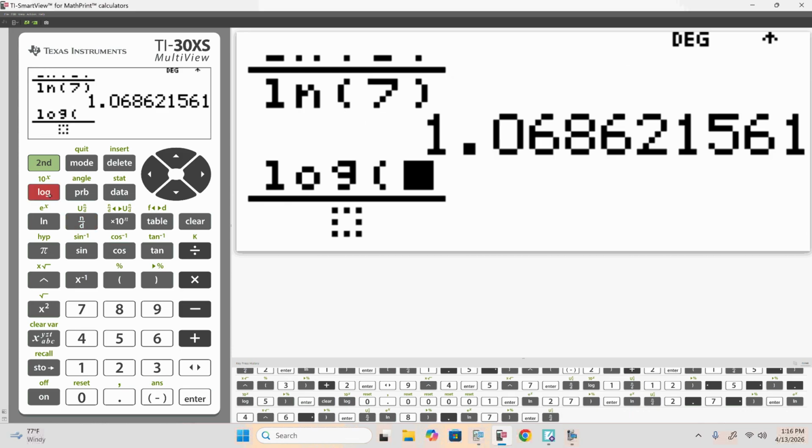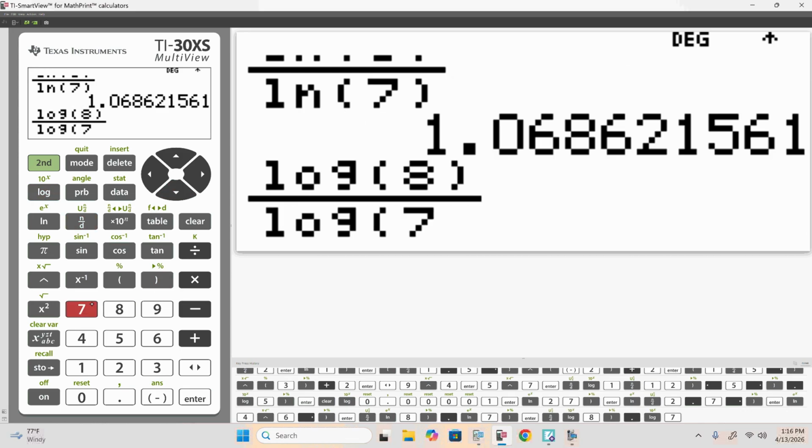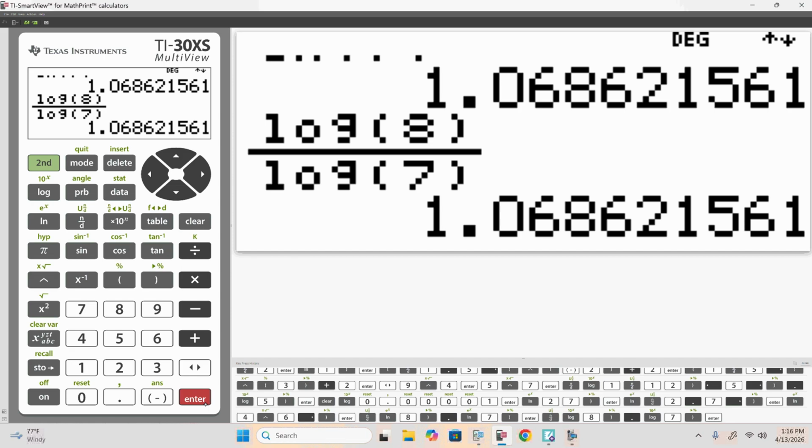Or if I wanted to do common logs, log of 8 over log of 7 gives us the exact same number, 1.069.